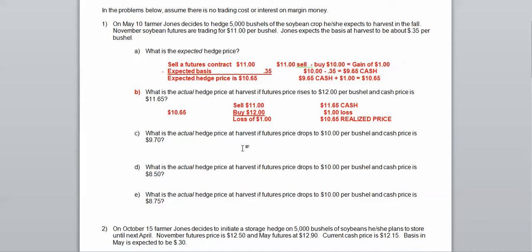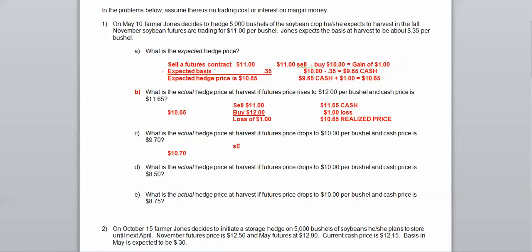So basis is 5 cents narrower than we predicted. So we originally had predicted a hedge price of $10.65. Because basis is 5 cents narrower, we're going to have a realized price that is 5 cents better. $10.70 would be our answer.